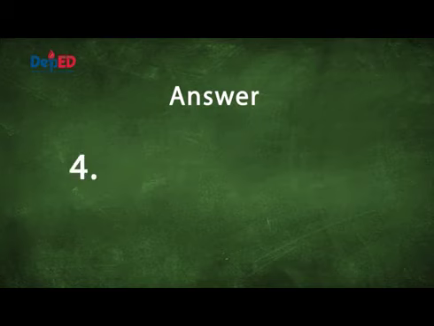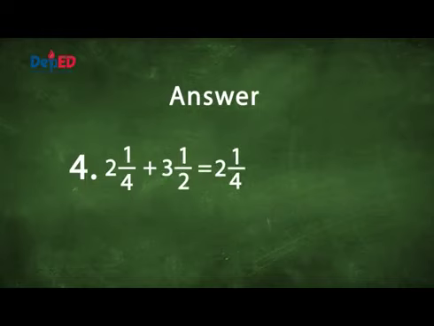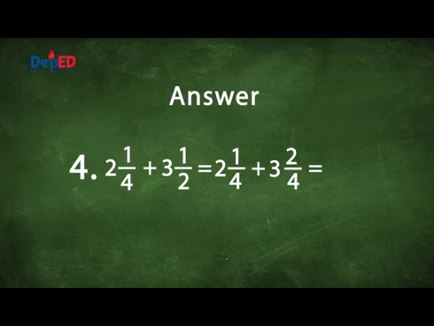Number 4. 2 1/4 plus 3 1/2 equals 2 1/4 plus 3 2/4 equals blank and 3/4. Step 1. Change fractions to similar fractions through getting the least common denominator or LCD.